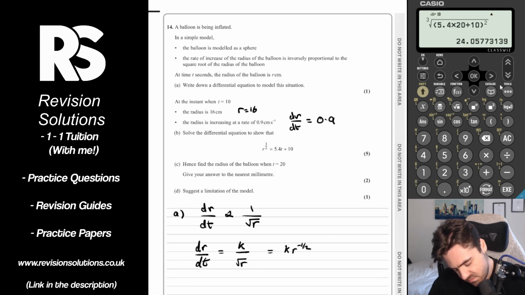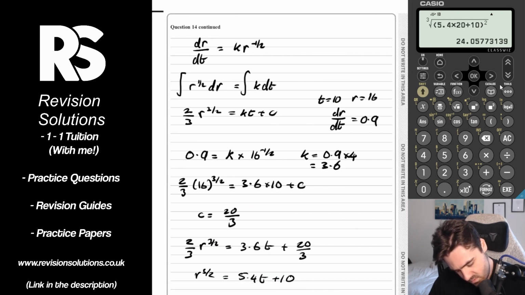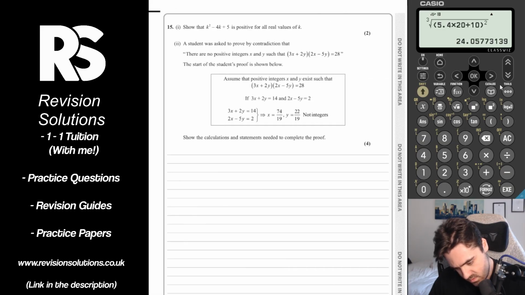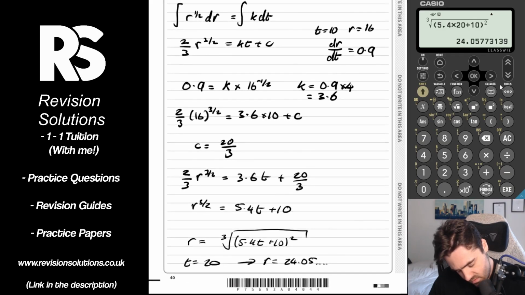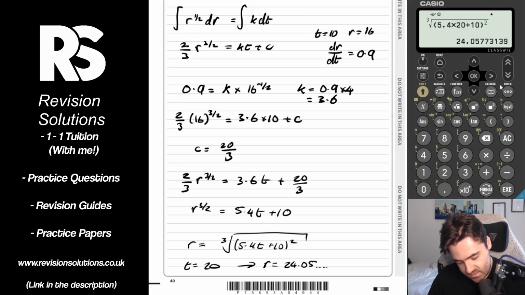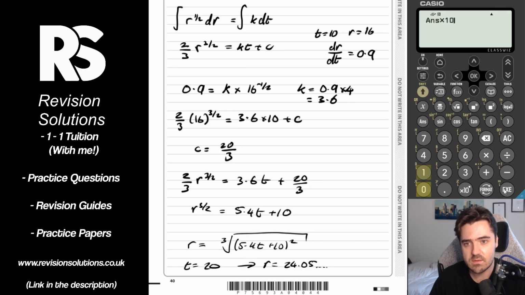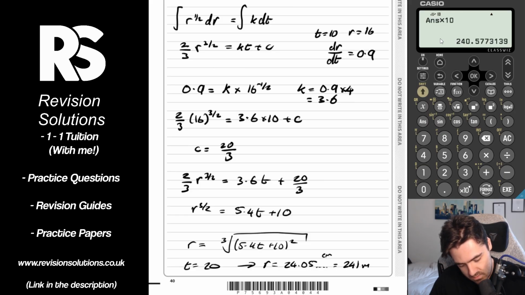R is measured in centimeters. So if we want that in millimeters, we're going to have to multiply it by 10, so let's take this number on our calculator and multiply it by 10, and then rounding to the nearest millimeter, we're going to be rounding up to 241 millimeters.